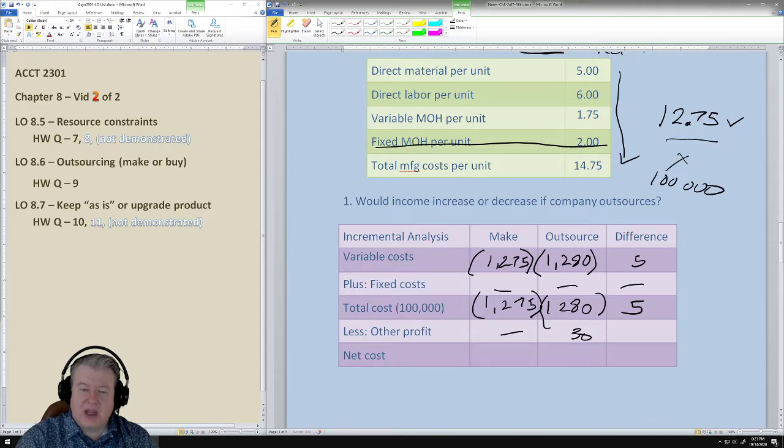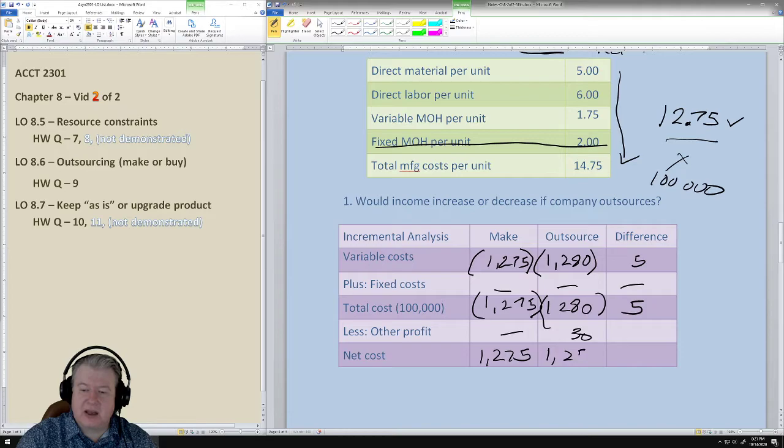Whether or not that works on the homework, I'm not sure, but I'm just trying to illustrate the fact that these are positive and negative numbers. We're saying that these are costs and this 30,000 is profit. So this profit is reducing the amount of cost. If I continue to make it myself, it would still be 1275 in costs. But we would spend 1.28 million and get back 30,000.